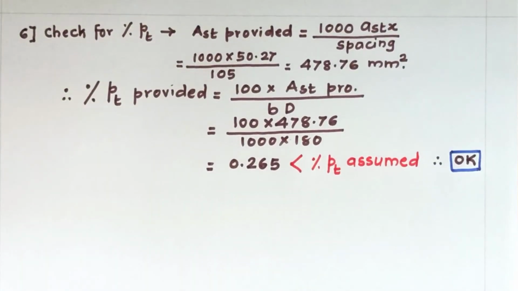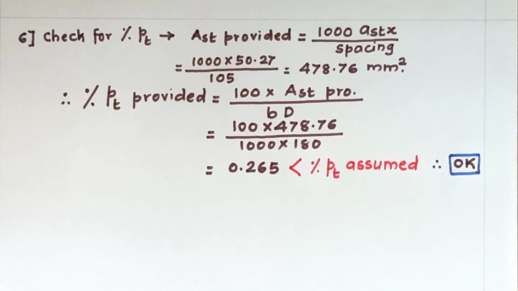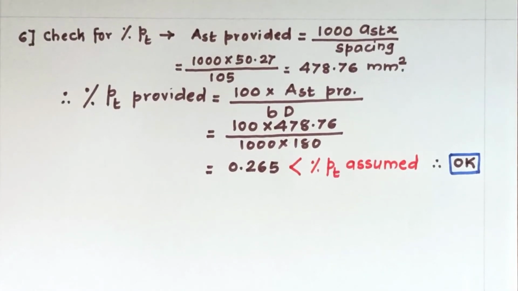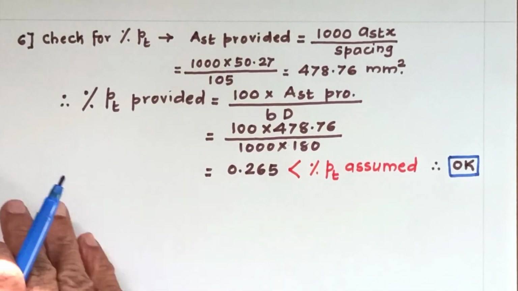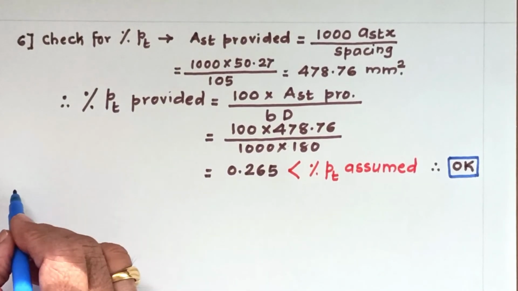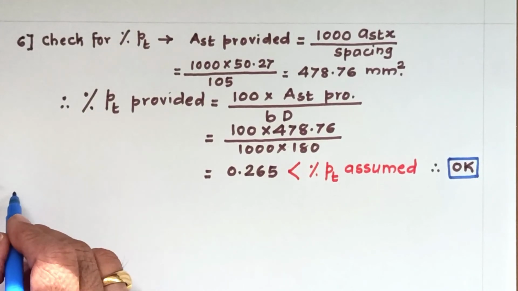Now all the steps are carried out. I have already explained that in the case of a one-way slab it is not necessary to check for shear because slabs are safe in shear. So we have done it for sample purpose in one way. It is not necessary over here.